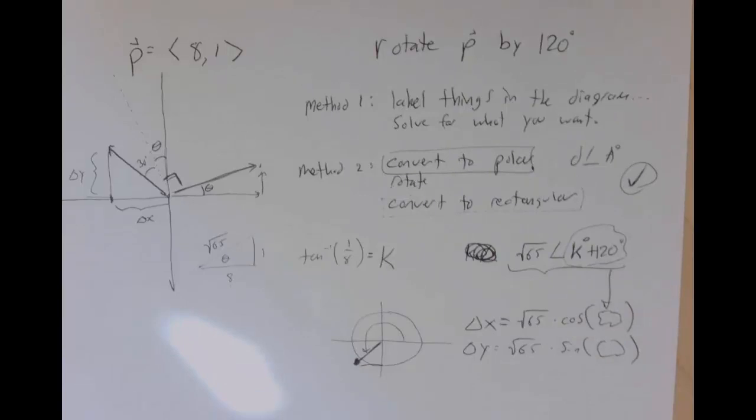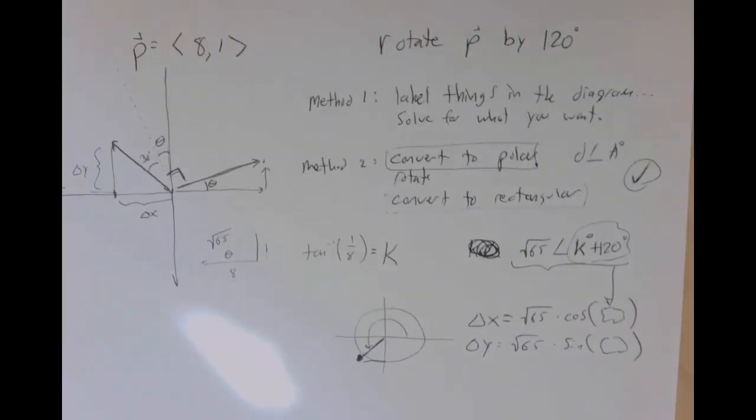Okay, so let's do all the calculations. Later in the year, you'll learn a more precise way of calculating this than the calculator. But for the moment, my calculator is telling me that arctan of 1/8 is approximately 7.13 degrees. So let's add 120 to that.